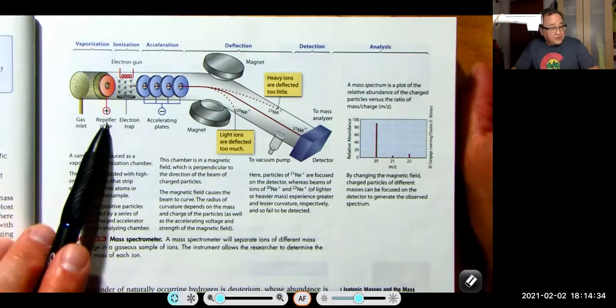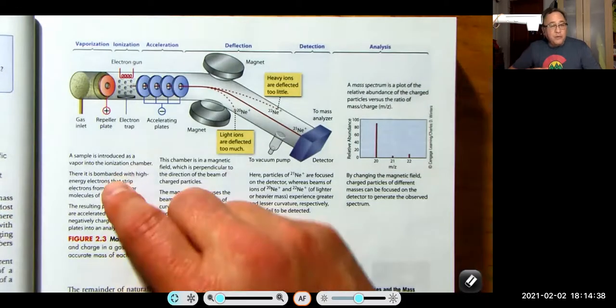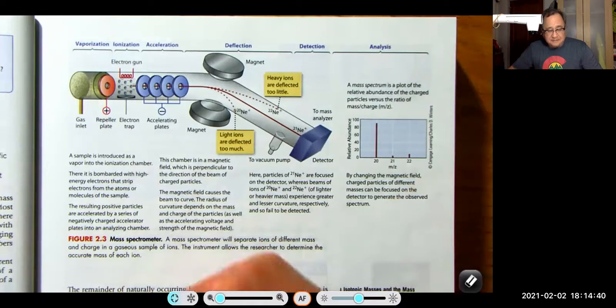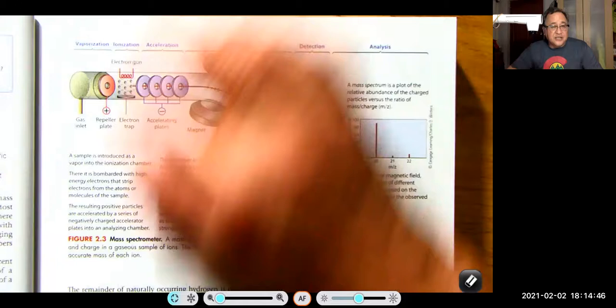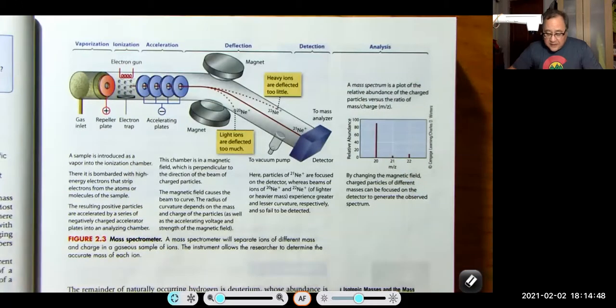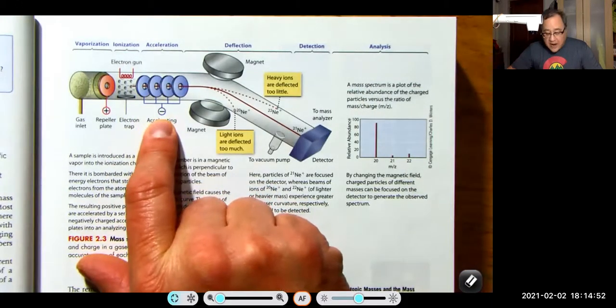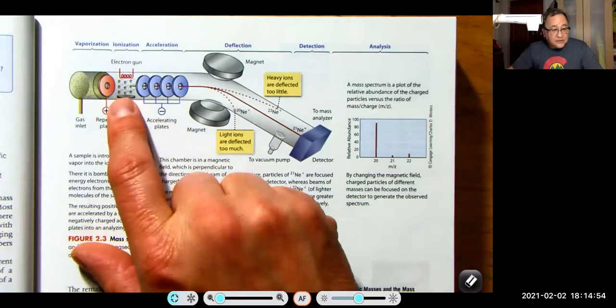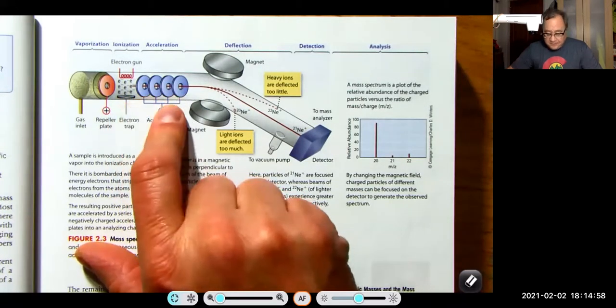It has a positive charge. Like charges repel, so that cation will be forced to go to the right. These are called accelerating plates, and this is the acceleration section. These accelerating plates have a negative charge. Well, opposite charges attract, so that cation with a positive charge is attracted to these accelerating plates.